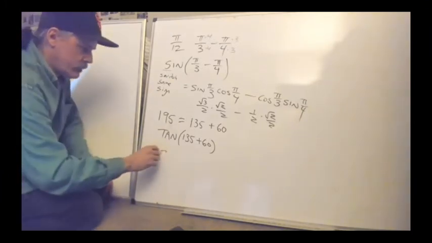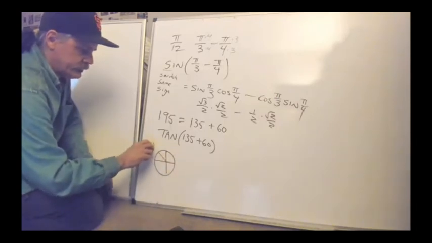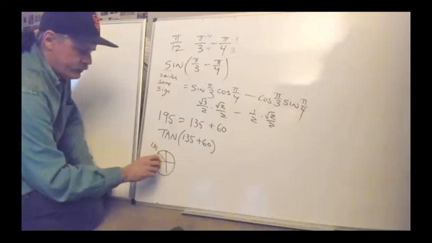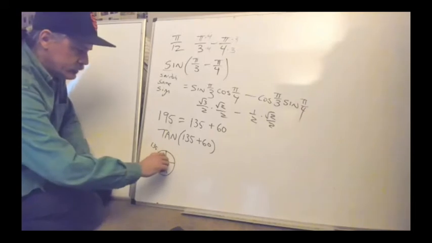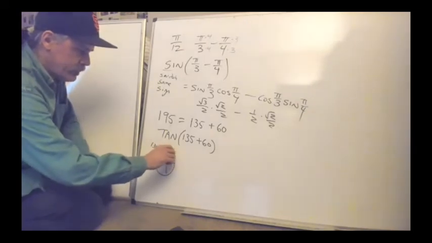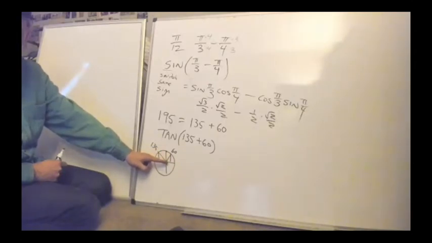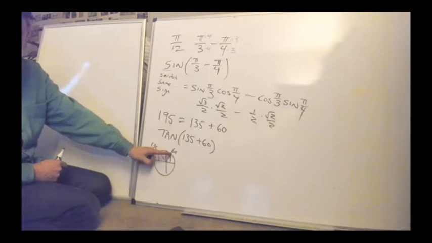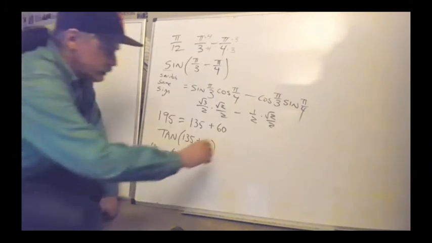Okay, well, 135 would be over here, and it's going to be a 45, so the tangent would be -1 at 135, and 60 would be right here, in which the vertical is root 3 over 2, and the horizontal 1/2, so the tangent here is going to be root 3. Tangent over here would be -1.